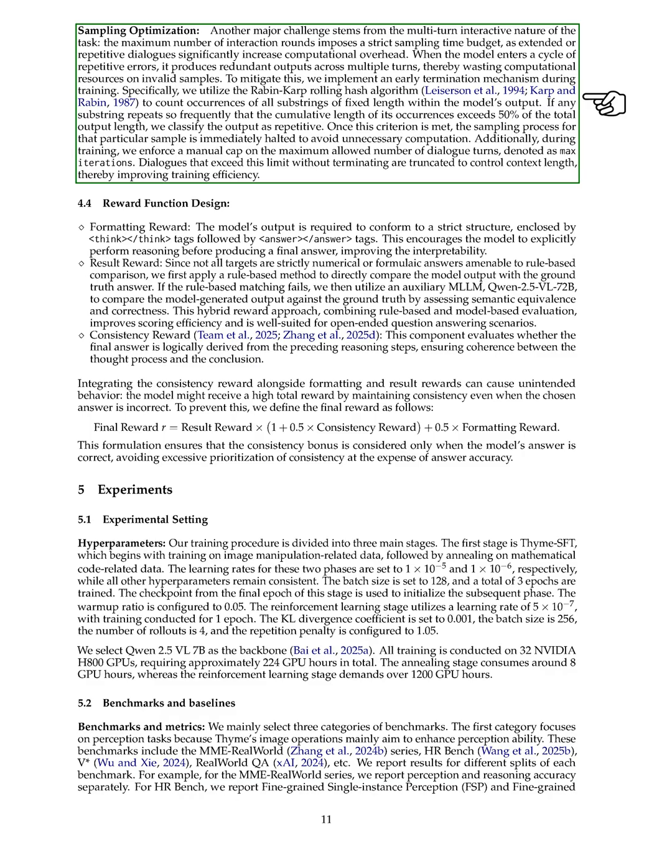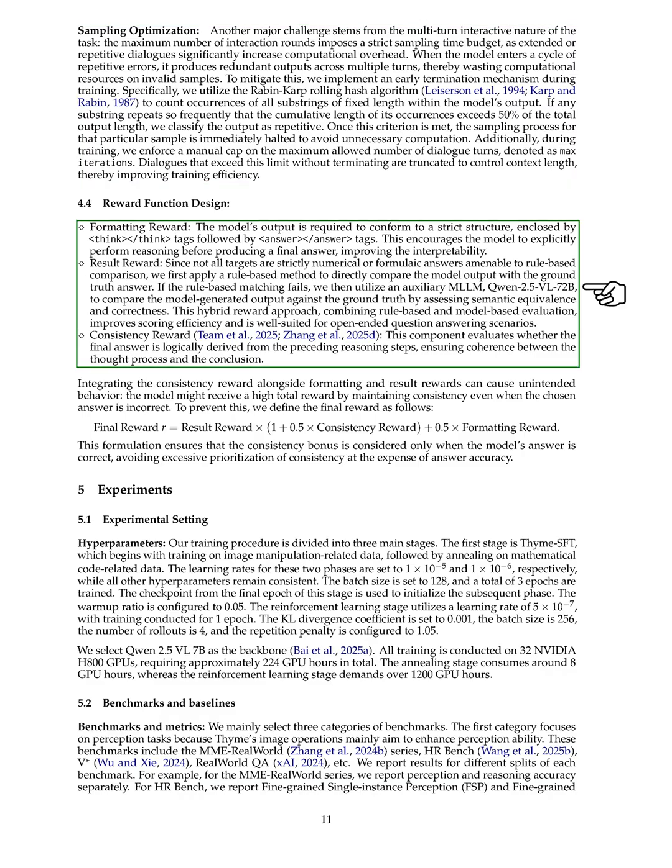Next, we discuss our reward function design. For formatting reward, we require the model's output to follow a specific structure, using <think></think> tags followed by <answer></answer> tags. This structure encourages the model to reason before providing a final answer, enhancing interpretability.